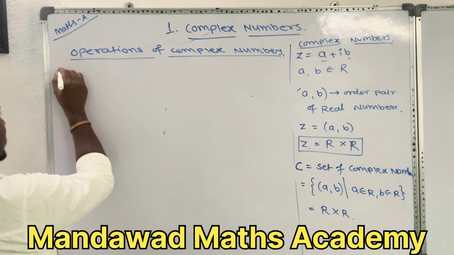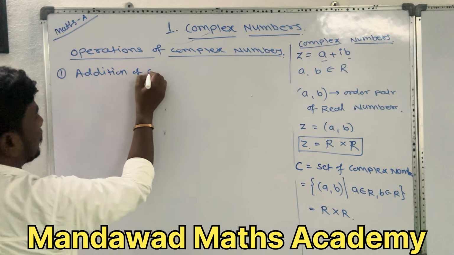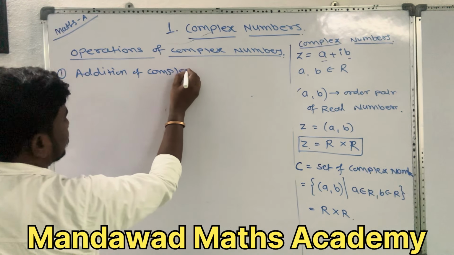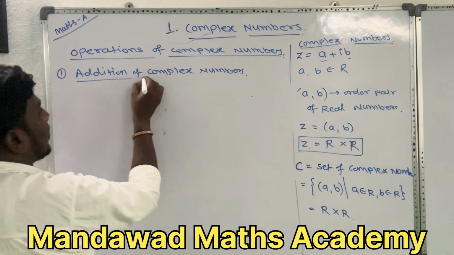The first one is addition of complex numbers. How to add two complex numbers?